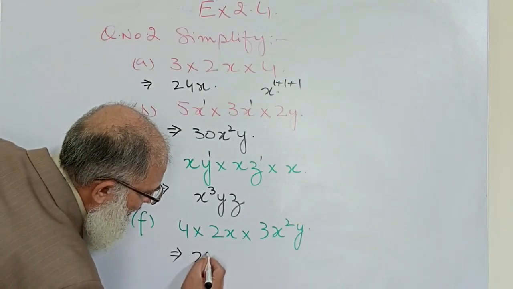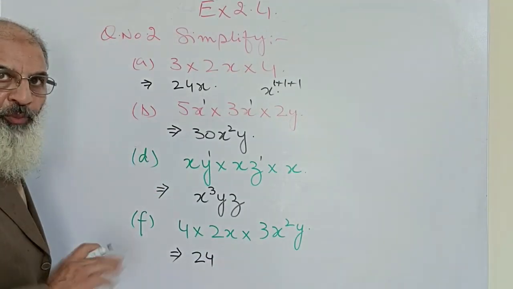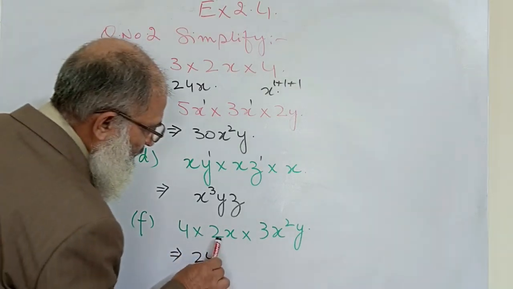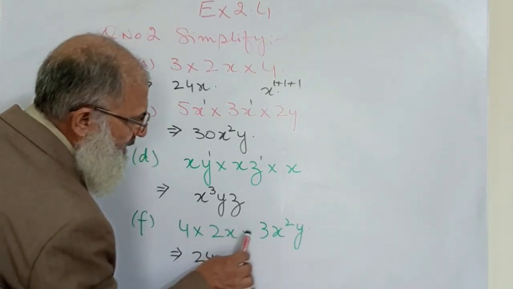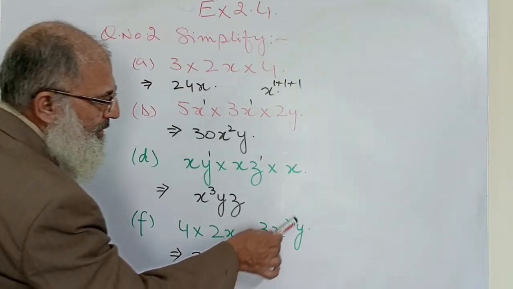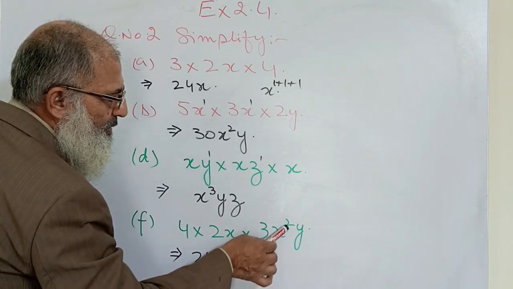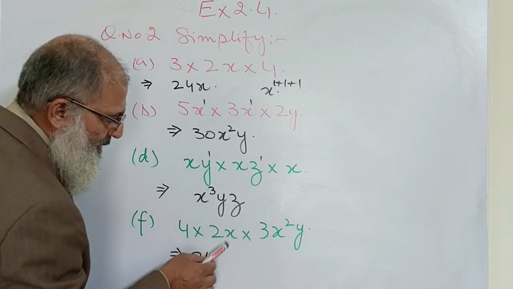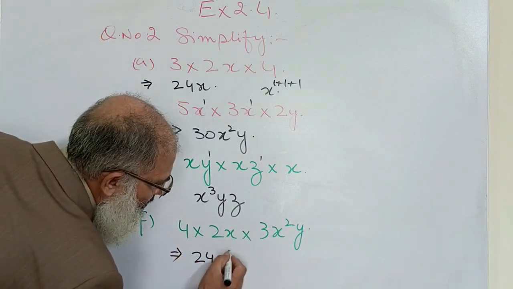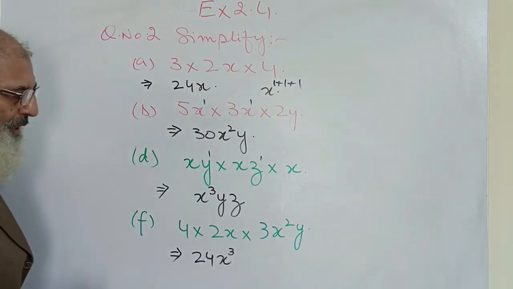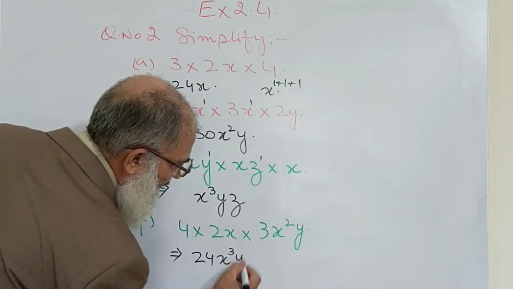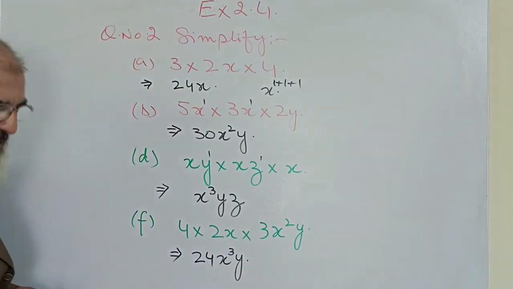It has been done, no ambiguity. So x and x square, that means the index is 2. 2 plus 1 is 3. It will become x cube, and y will remain as it is.